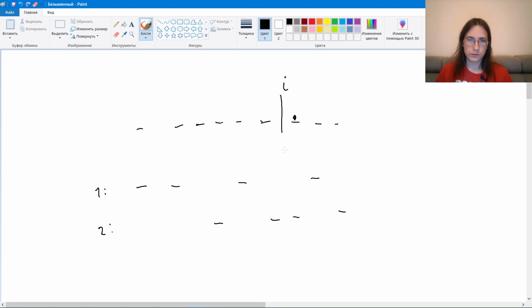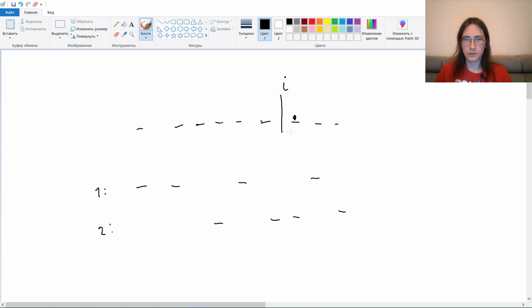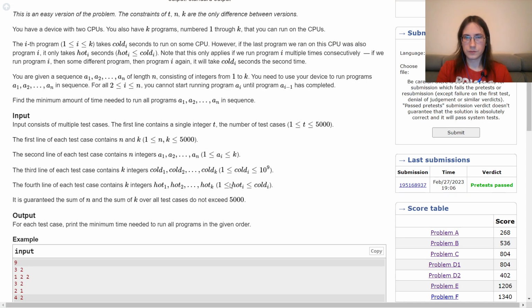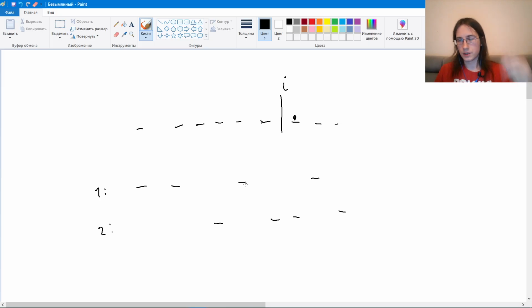We need to know, will we pay the full price for this value or the decreased price, the smaller price, called hot here. So in order to know that, we need to know what was the last value added to the corresponding sequence.